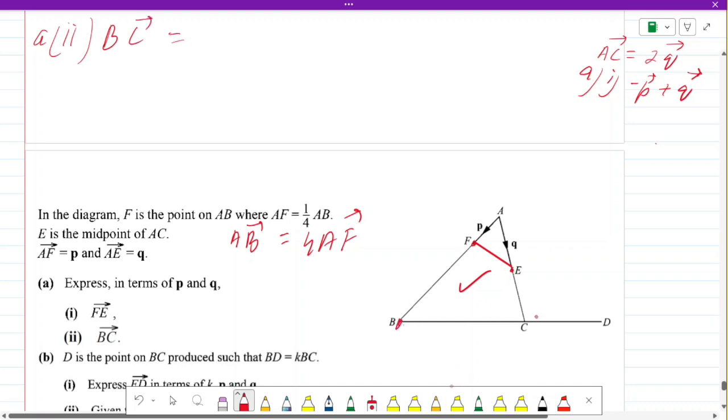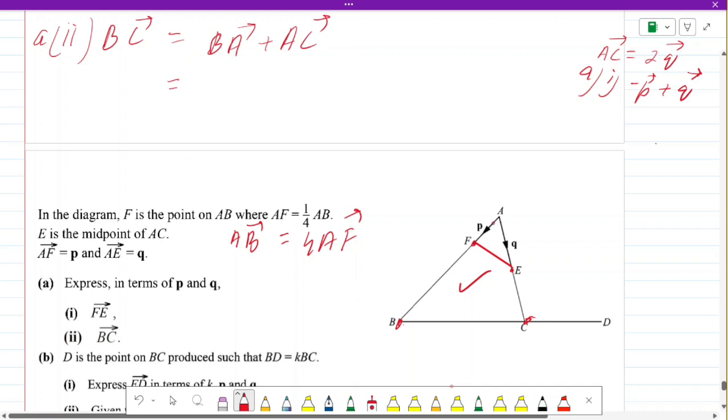To go from B to C, we use the path B to A and then A to C. B to A plus then A to C. Now again we are going in the opposite direction.